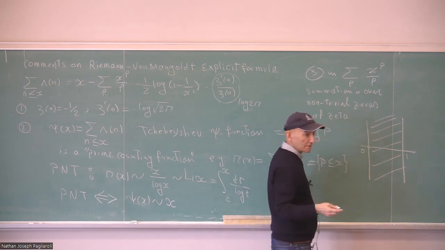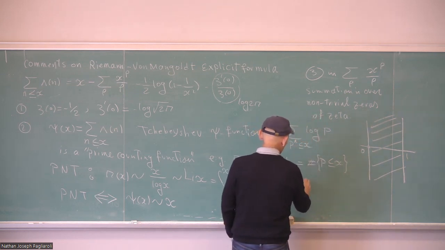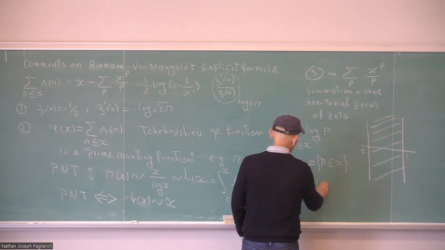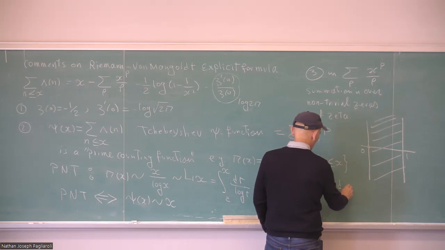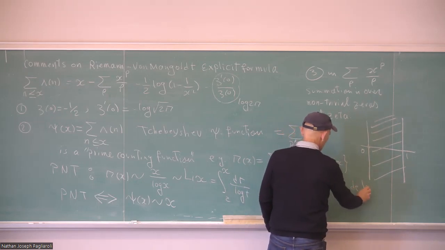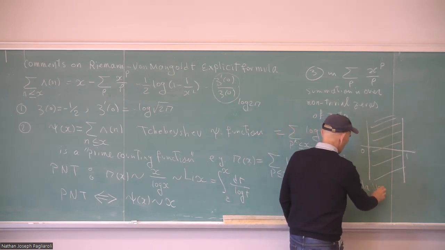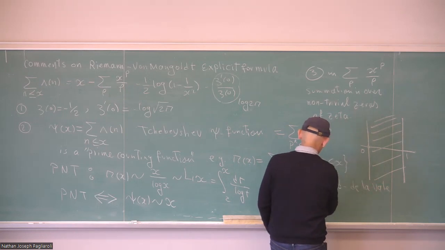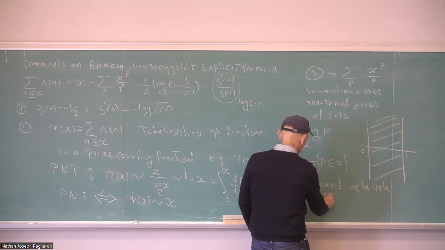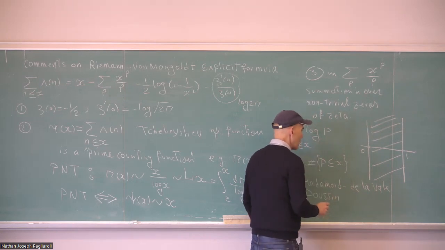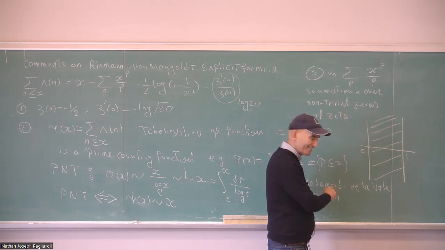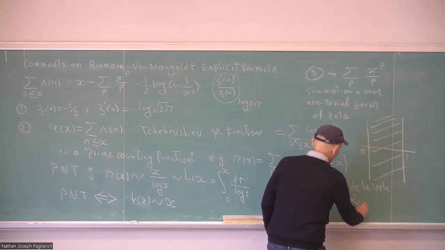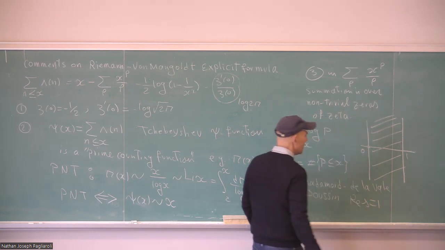But what happened is that Hadamard showed, and de la Vallée-Poussin as well, that there are no zeros on the line real part of s equal to 1.